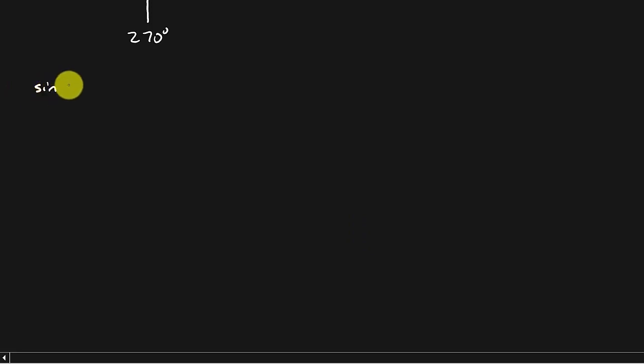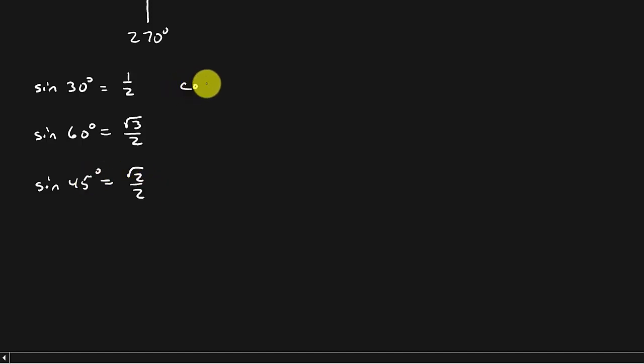So sine 30 is 1/2. Sine 60 is square root of 3 over 2. And sine of 45 is square root of 2 over 2. And then we've got cosine 30 is square root of 3 over 2.